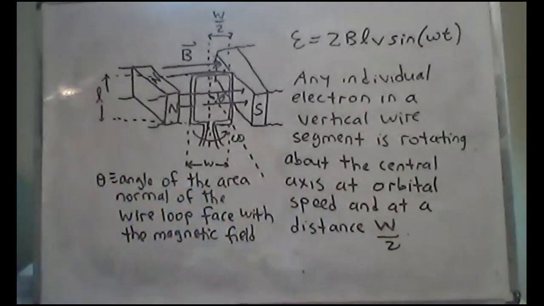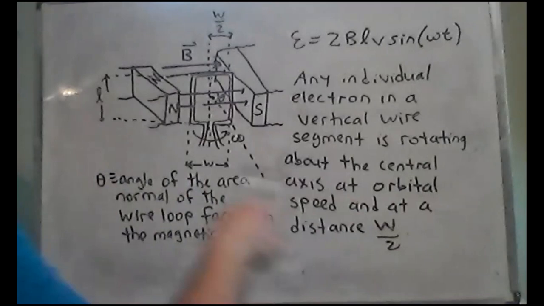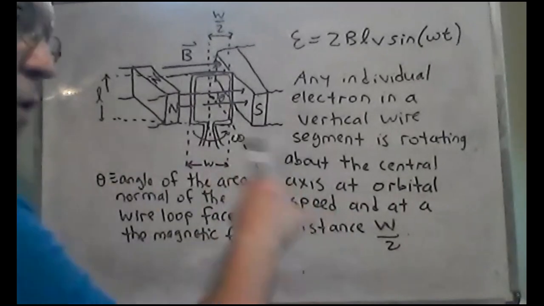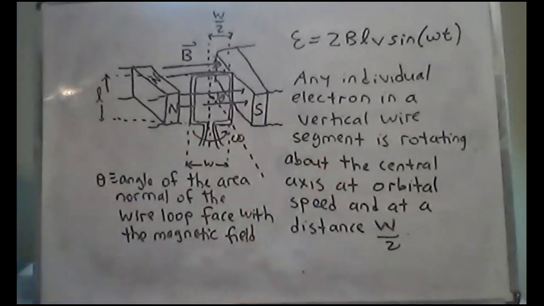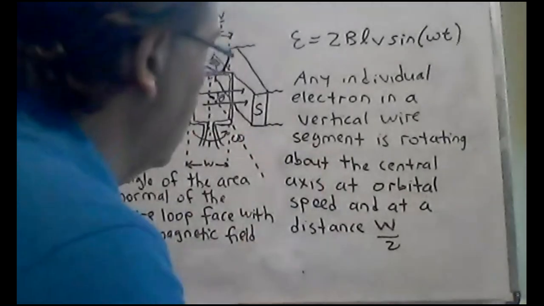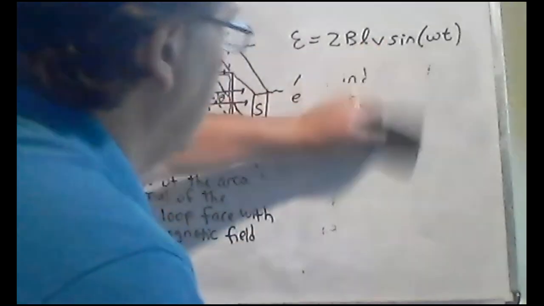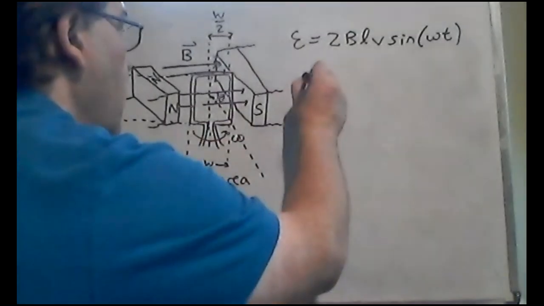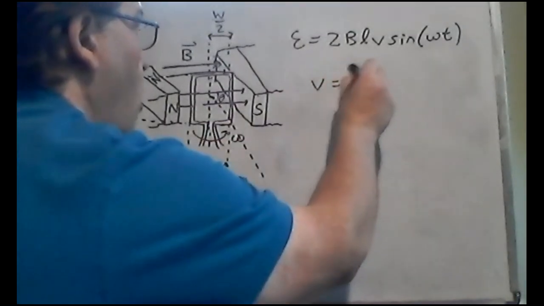So what do I know about that? Again, I go back to rotational kinematics. I have something going around in uniform circular motion at a radius w/2. What do I know about that? Well, I know a certain relationship that we derived back in our study of kinematics, and that is, remember this relationship, v equals omega r.